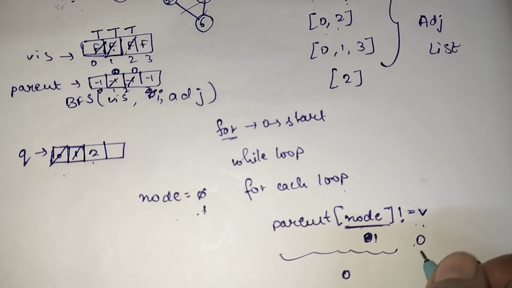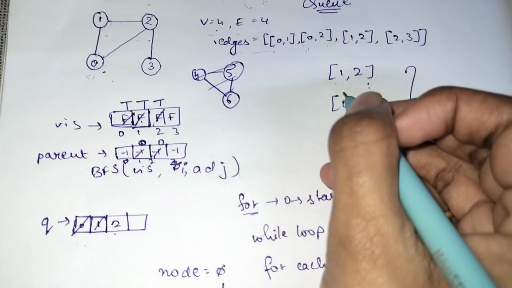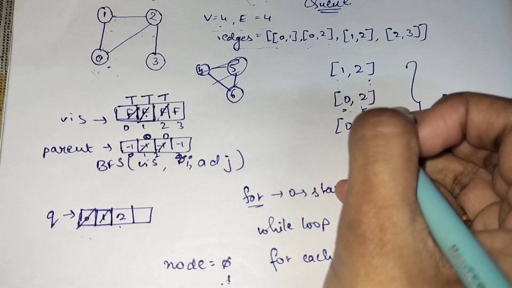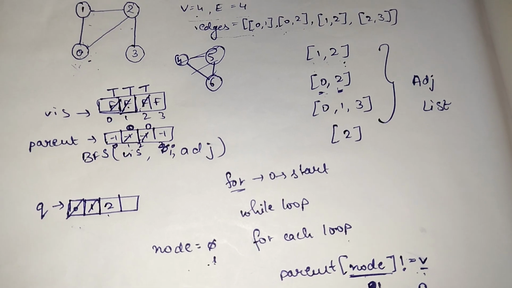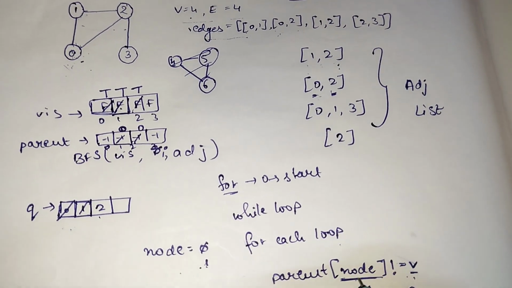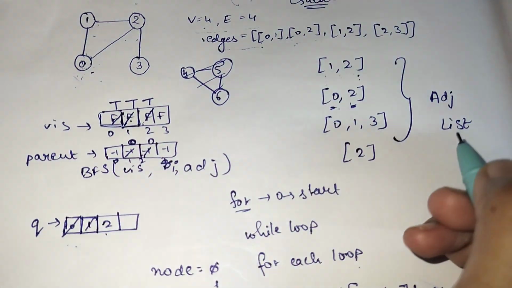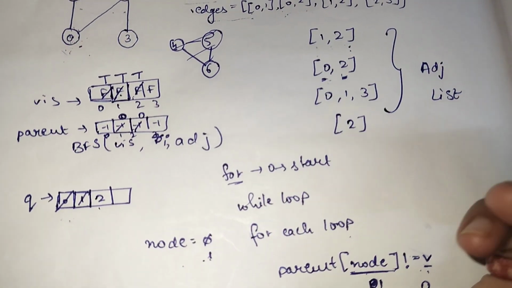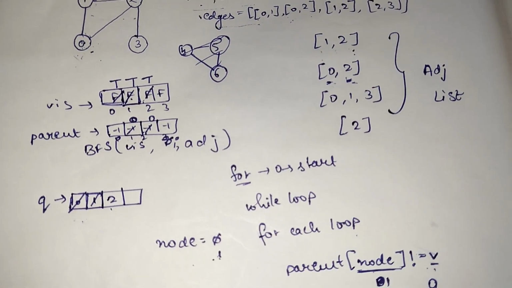What is v? v is 2, I'm considering v as my variable for each loop, 0 and 2. Now parent of node is 0 and v is 2, it is not the same.